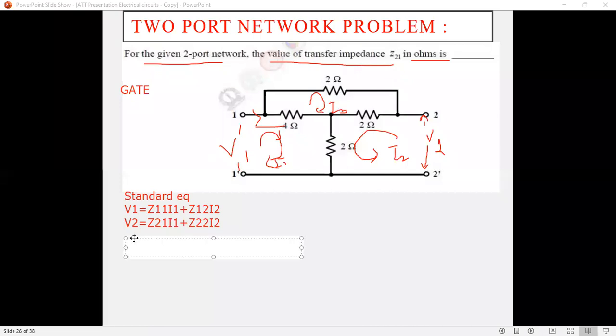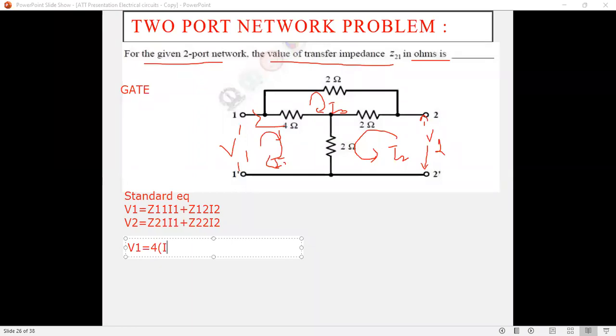According to this, we get V1 equals 4 into I1 minus I3.